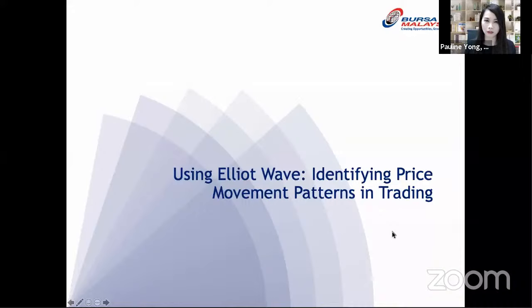Under the natural law of the wave theory, we are looking at waves, and the stock market waves actually repeat over and over again. That is why people who are into Elliott Wave theory will probably use it as a tool for the rest of their trading life, because once they master it, they find it very, very useful in their trading.